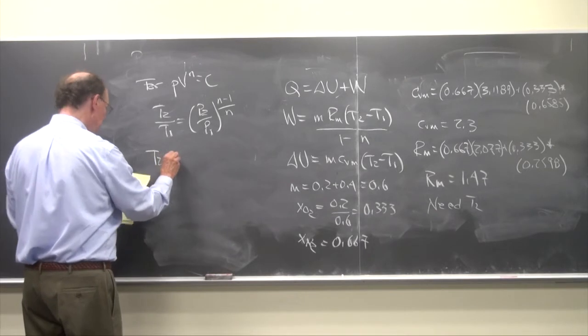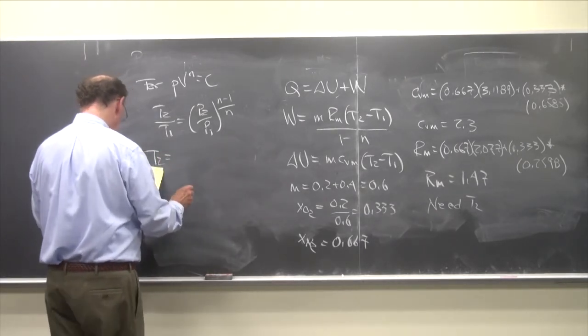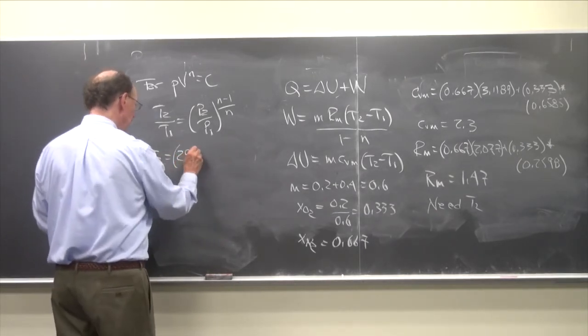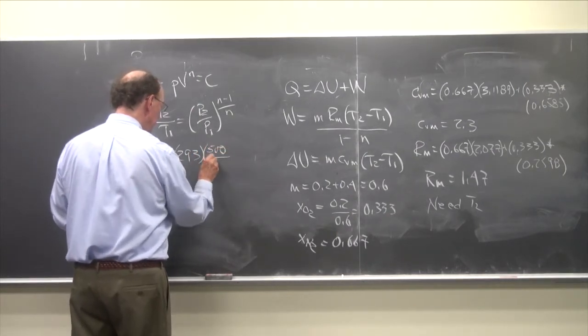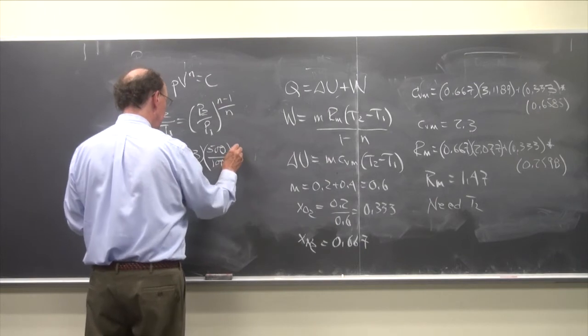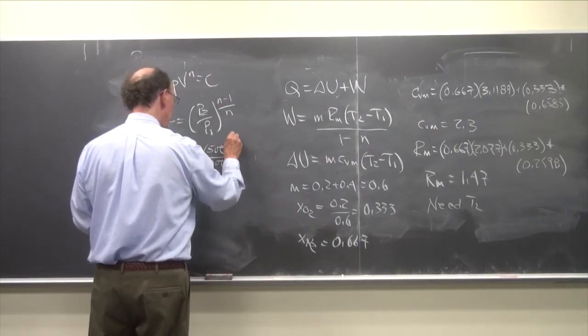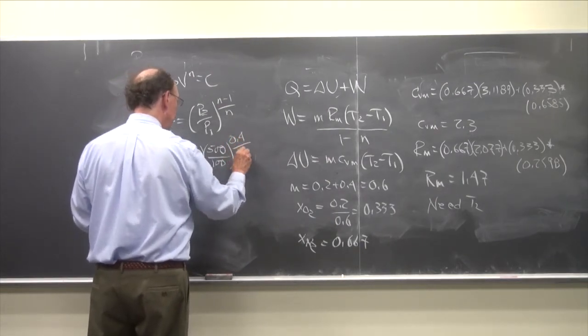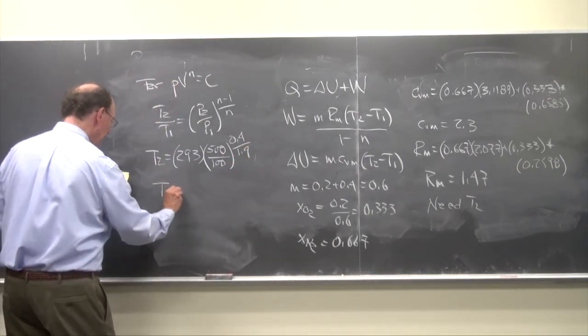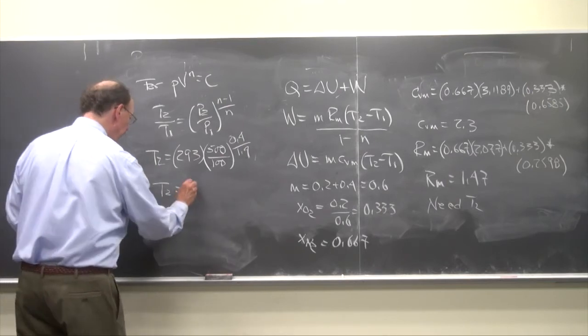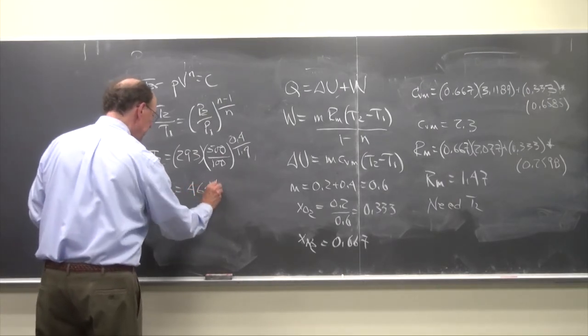So T2 is equal to 293 times 500 over 100 to the 0.4 over 1.4. So we have that T2 is equal to 464 degrees K.